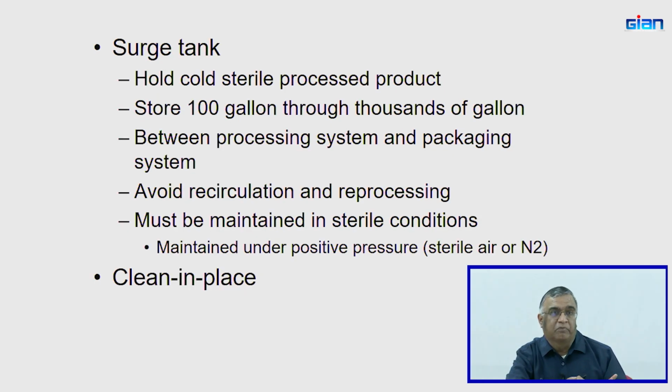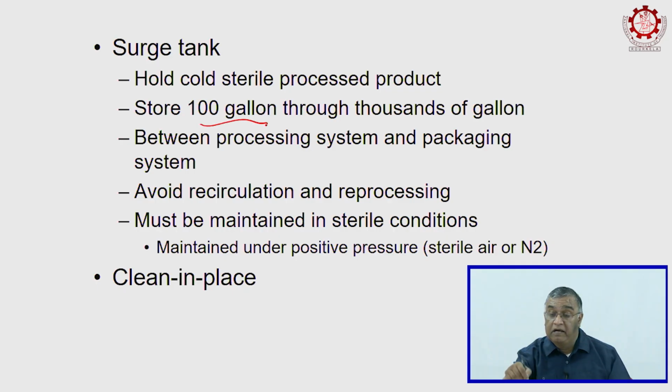Then once you process it, you are able to dump all the processed product in a storage tank. So, normally, you may be thinking, what is the capacity of such a tank? You may be thinking 50 gallons or 100 gallons, but you may have 100 gallons to thousands of gallons capacity in such tanks.